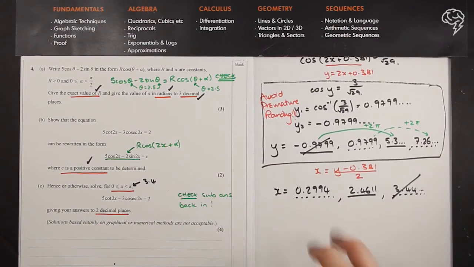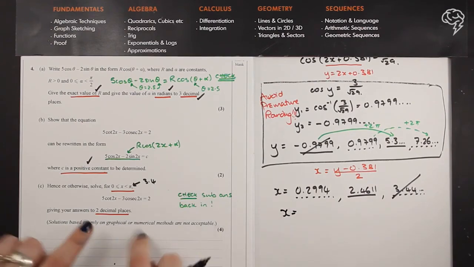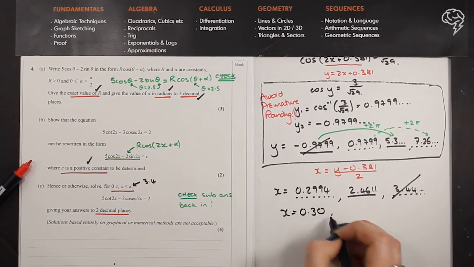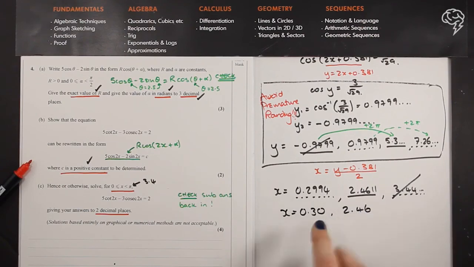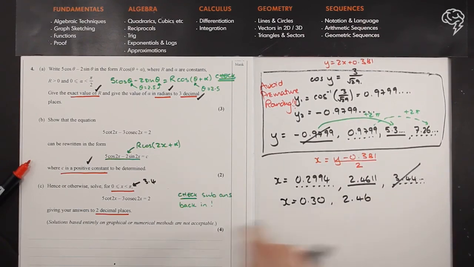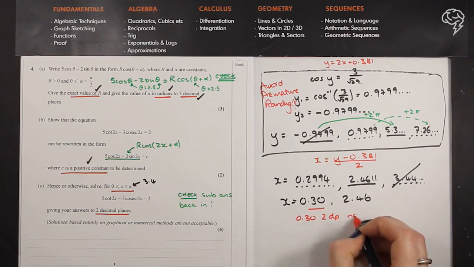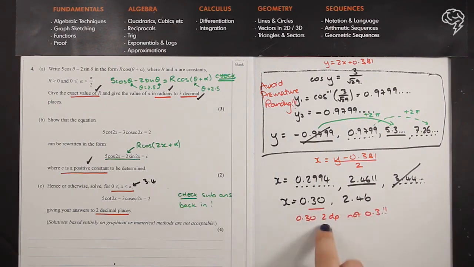So these are our answers. But we want 2 decimal places. So this is 0.30 and 2.46, not 0.3. Okay, 2 decimal places, and we've done what we were asked to do, and we've finished the question.